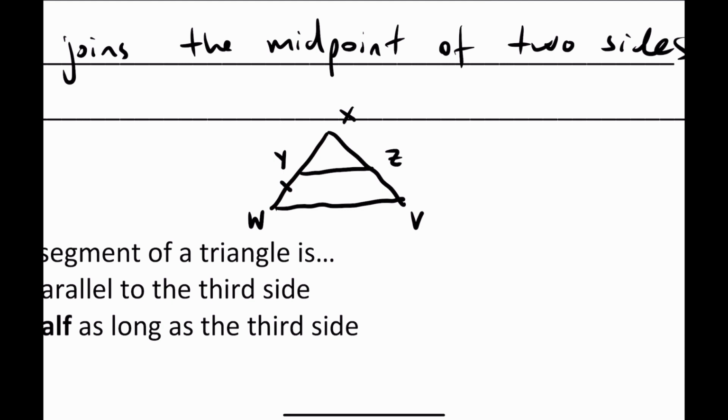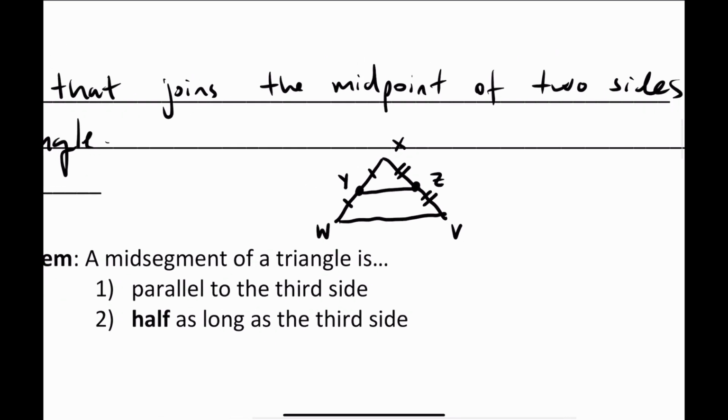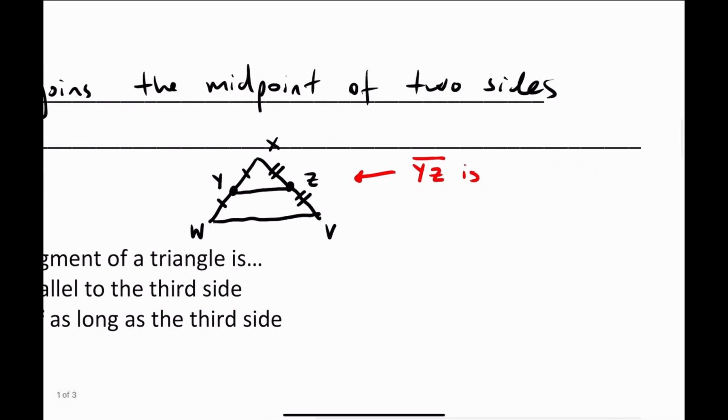So I draw a tick mark here and a tick mark here due to the fact that we have a mid-segment, which results in having midpoints here and here. And if this is the midpoint of XV, that means we're gonna have two tick marks here and two tick marks there. Okay, and note that segment YZ is the mid-segment of this triangle.